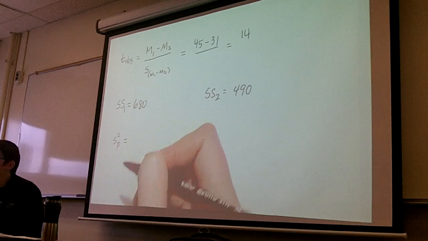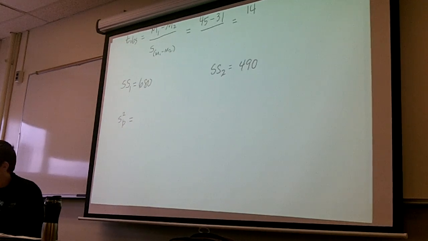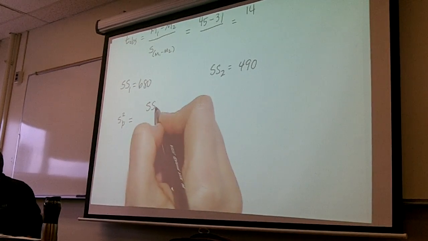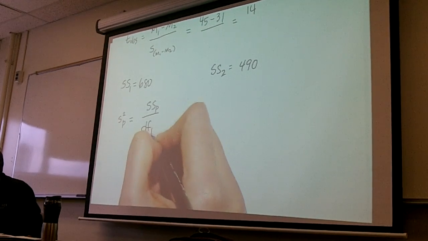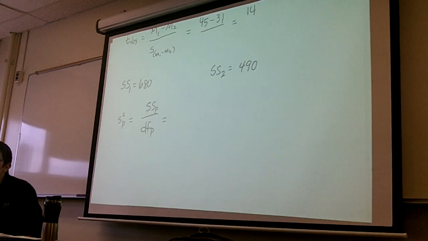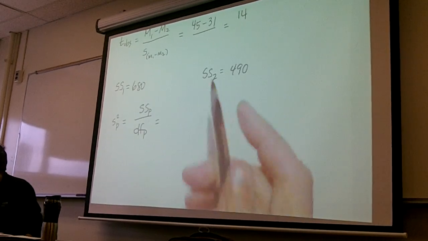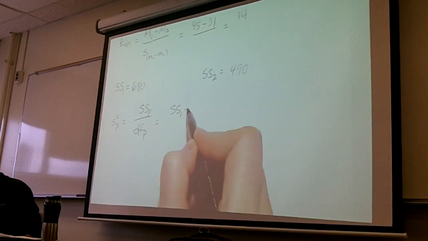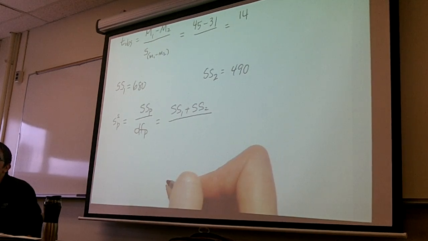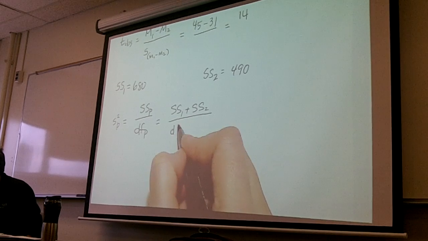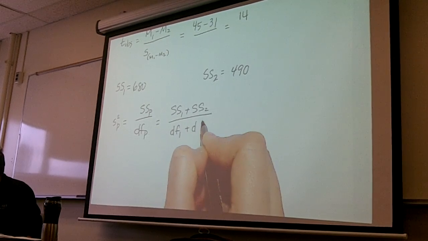What's the formula for pooled sample variance? Sum of squares pooled over degrees of freedom pooled. How do I get sum of squares pooled? Sum of squares 1 plus sum of squares 2. How do I get degrees of freedom pooled? Degrees of freedom 1 plus degrees of freedom 2.